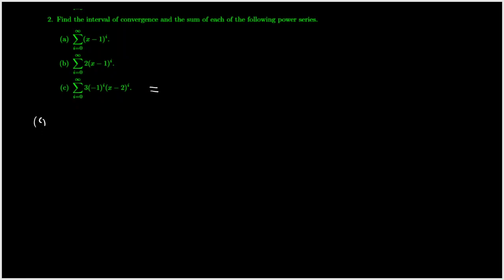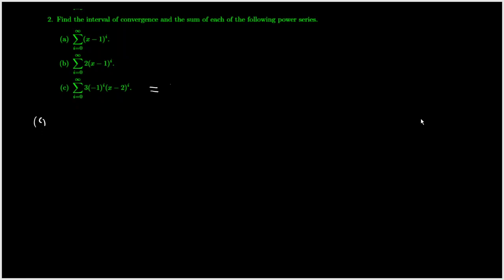Now let's try to understand the series by looking at the first few terms. When the index I is 0, it will give you the initial term. When I is 0, -1 to the power of 0 is equal to 1, and then x minus 2 to the power of 0.